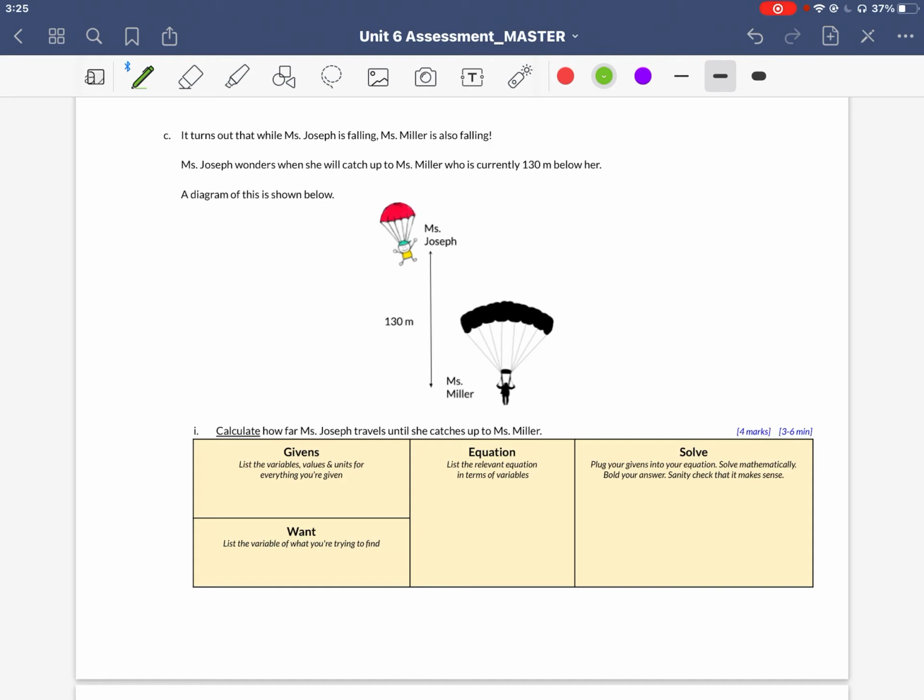All right, so I'm going to draw this situation, even though we do have a picture here. So here's Ms. Joseph. Here's Ms. Miller. At some point, they're going to catch each other.